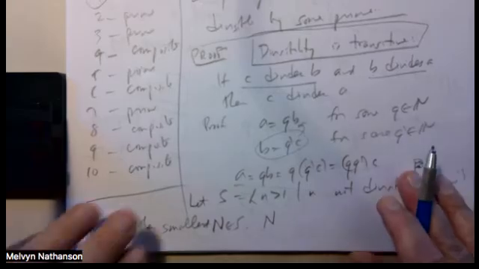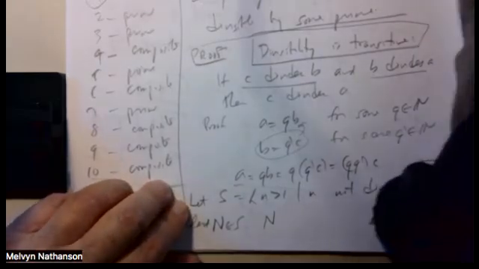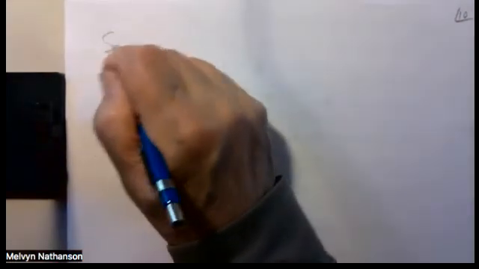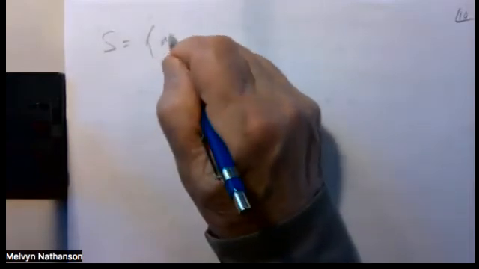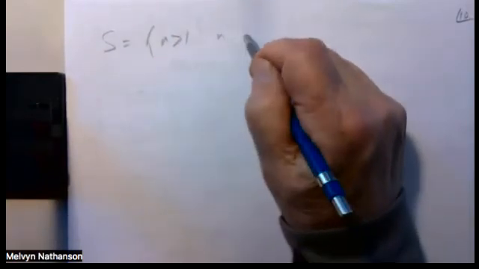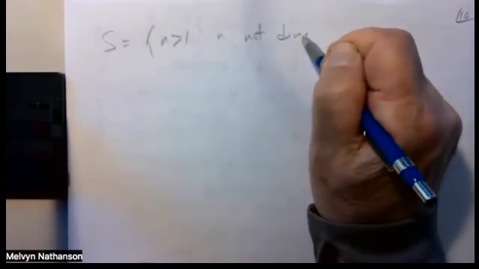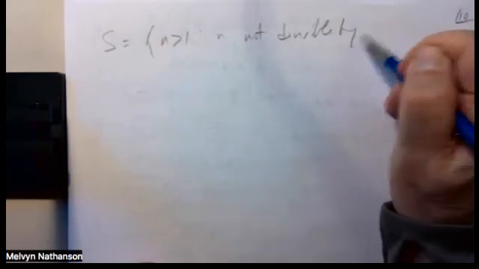Let me start over so I have more space. I'm letting S be the set of all integers bigger than 1 and not divisible by any prime.